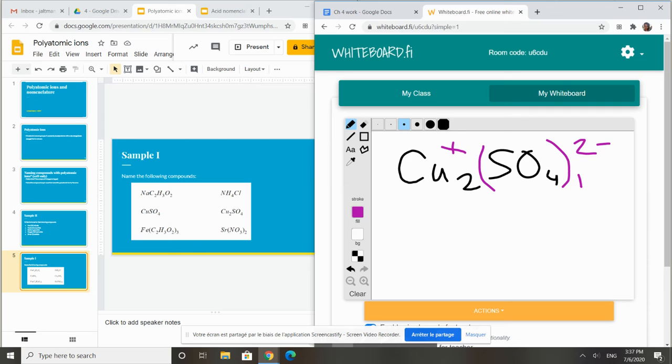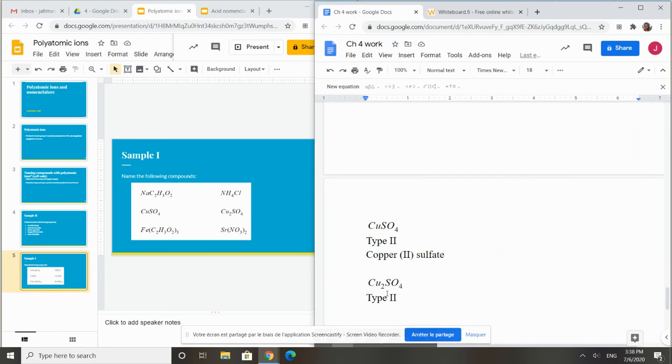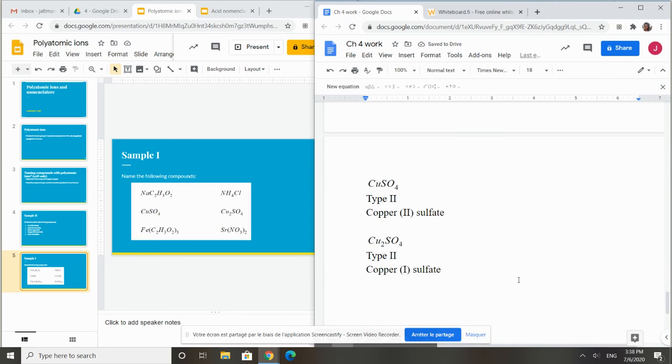Because there weren't parentheses around sulfate, I put it in parentheses just to remind myself that that 4 is a part of the formula of sulfate and not that I have 4 of them. So 2 times x plus 1 times -2 is equal to 0. I end up getting that x is equal to +1. So this one is copper 1 sulfate. The difference between CuSO4 and Cu2SO4 is just the Roman numeral.